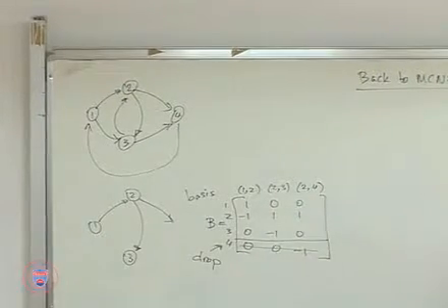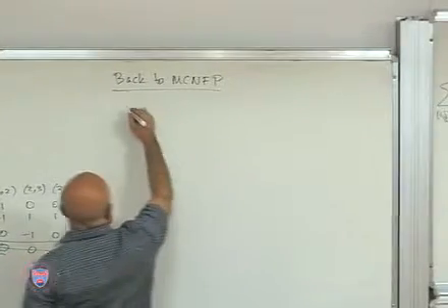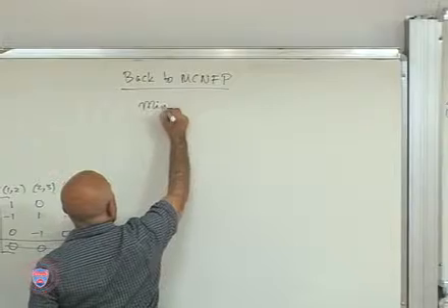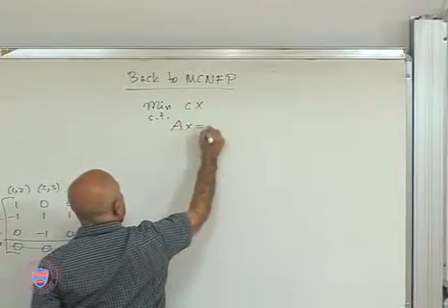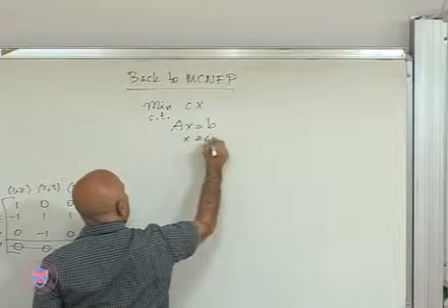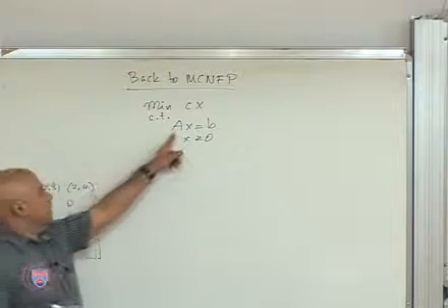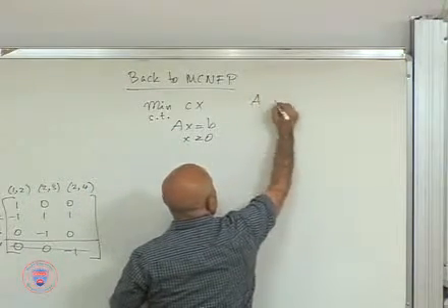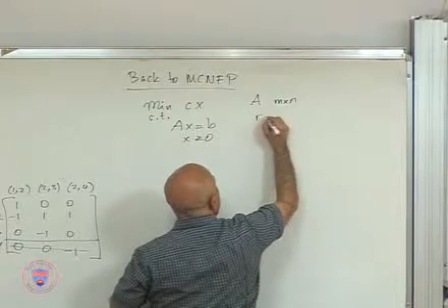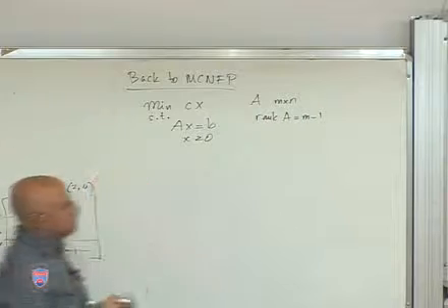So let's return to the minimum cost flow problem, defined by the flow conservation equations, defined by the node arc incidence matrix, where A is m by n, rank m minus 1.